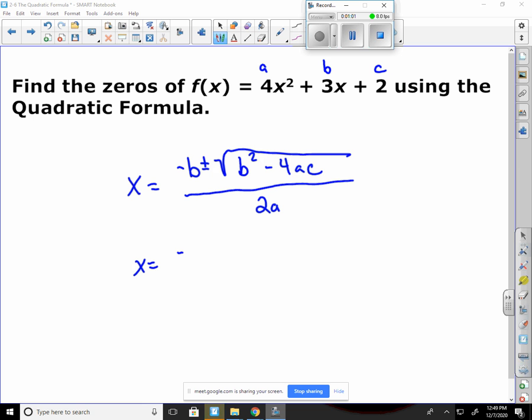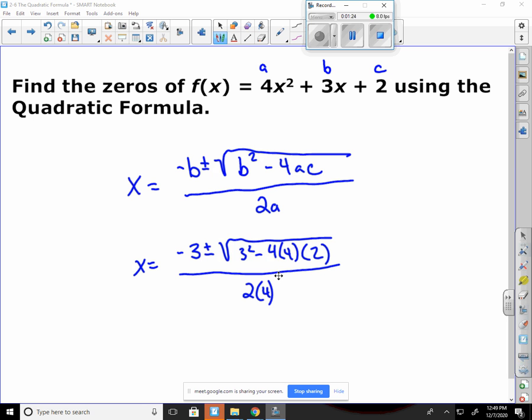Negative b, that's a negative 3, plus or minus the square root of 3 squared minus 4 times 4 times 2, all over 2 times 4. And now we start the process of simplifying.